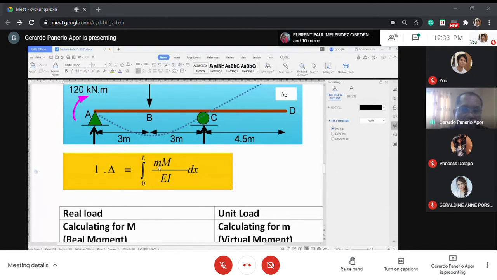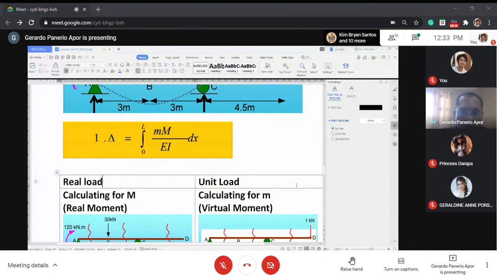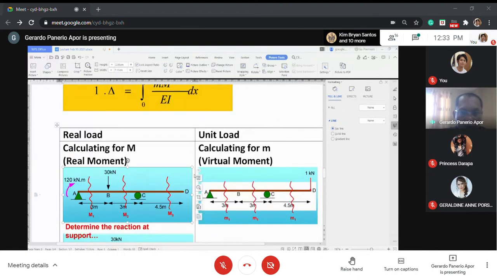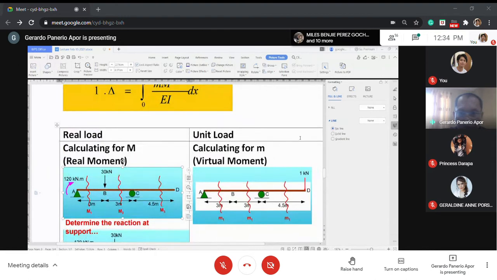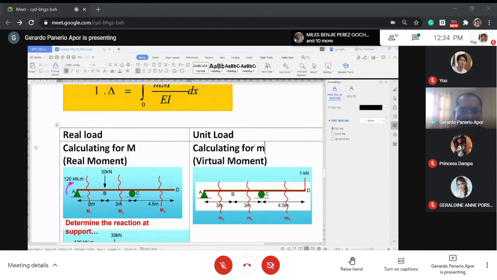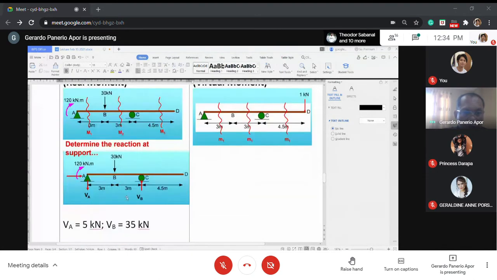Small letter m is the virtual work due to the unit load, and this big M is the virtual work due to the real load. So I make a table, actually a matrix here, comprising what we call real load and unit load. Okay, so this is the real load. No? So the reactions are BE and BC.